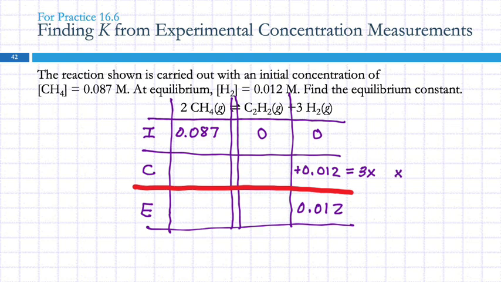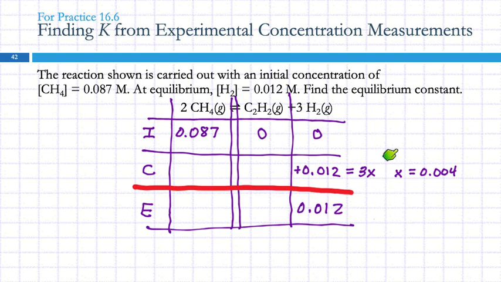So x then is going to be equal to what? 0.012 divided by 3, so 0.004. You don't have to do this part, but I think it just makes it a lot easier. If this is a 1 and you do this part, no harm. You're dividing it by 1, you'll find out, oh, well, x is the same, right?